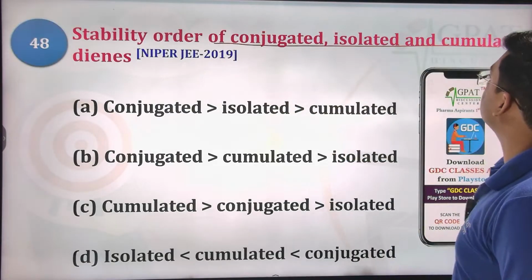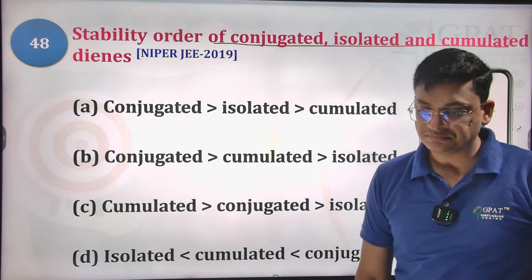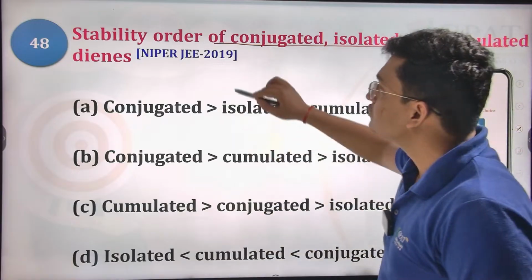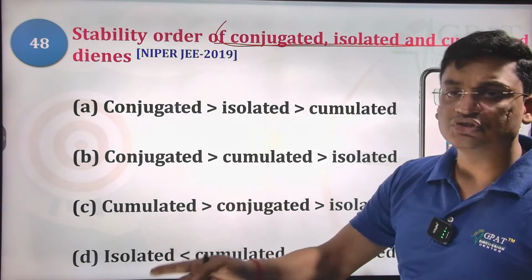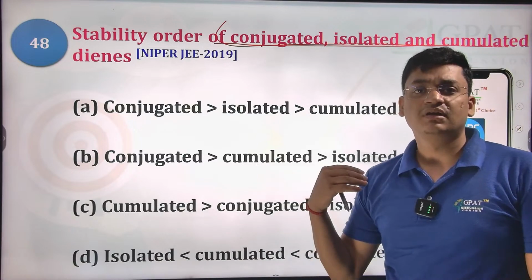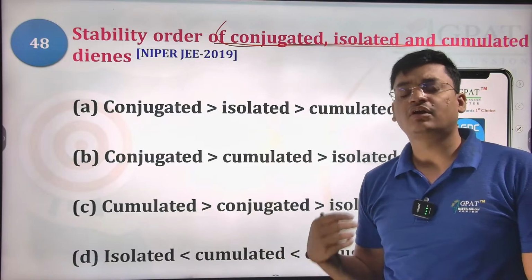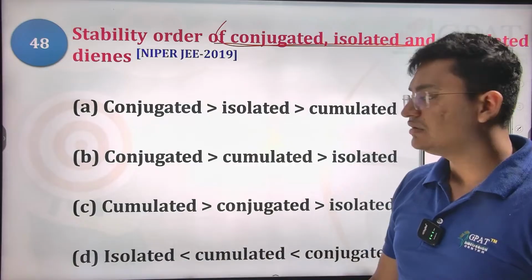Stability order of conjugated, isolated and cumulative dienes. The question from the OGS 2019. Alright, so the conjugated, that is having conjugation, the alternate positions of the double bond. Isolated, that is no relation between the 2 double bonds, they are not having any kind of relation, it could be very far from each other.